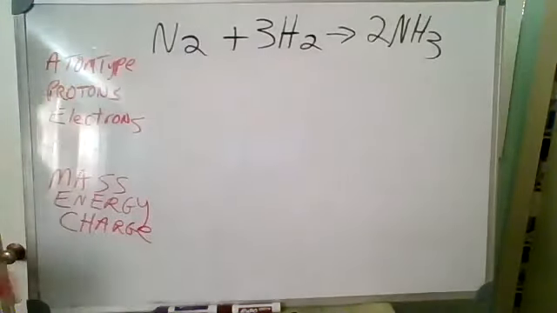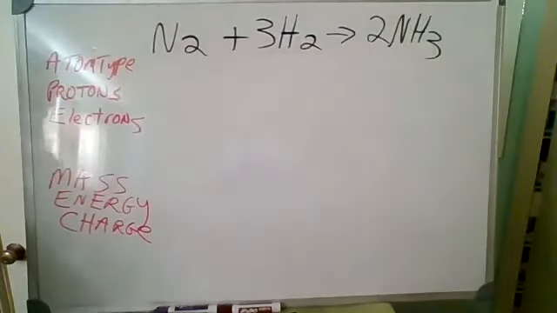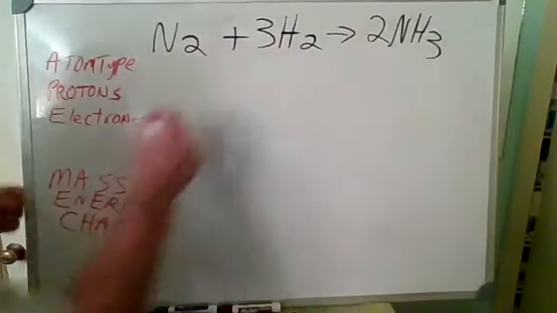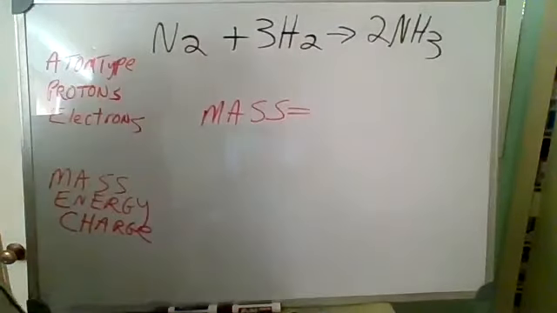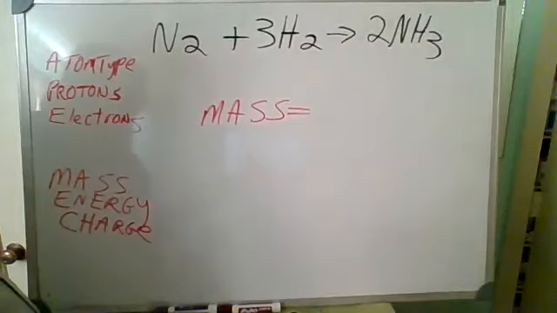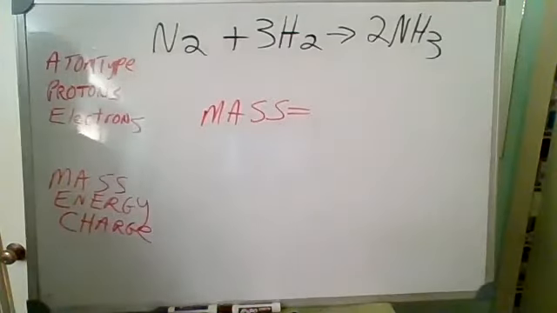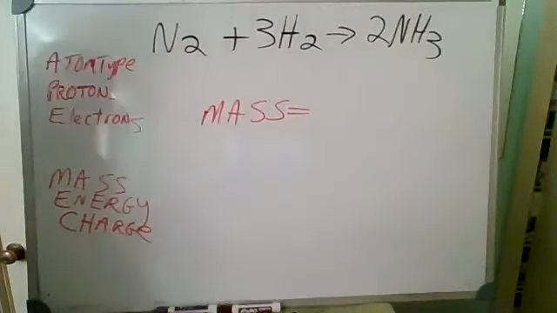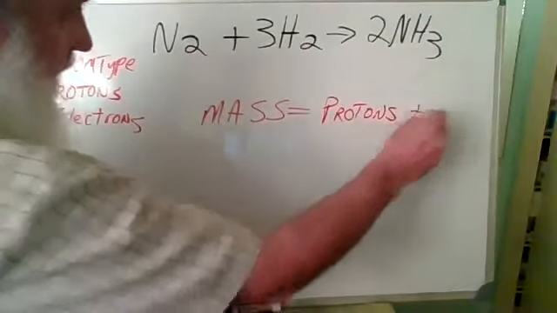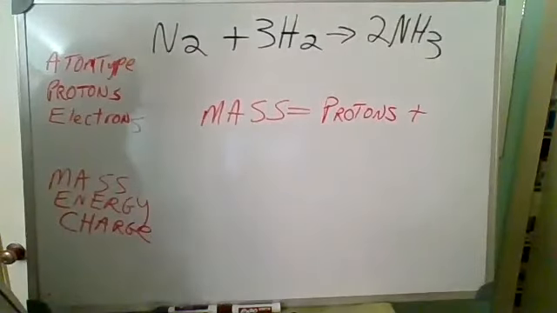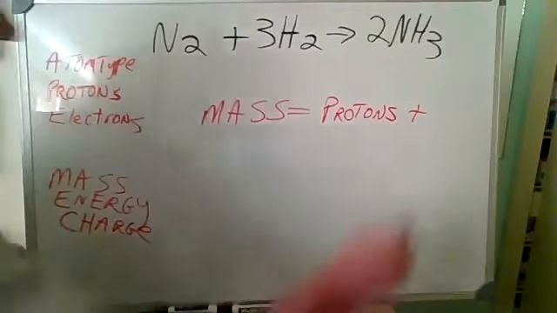Now, I left something else here. We learned when we did isotopes that the mass of an isotope, of an atom, is equal to what? Anybody remember? Oh, come on, this wasn't that long ago. Protons plus what? Neutrons.